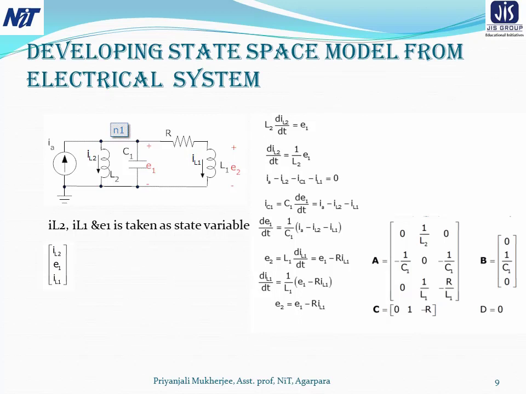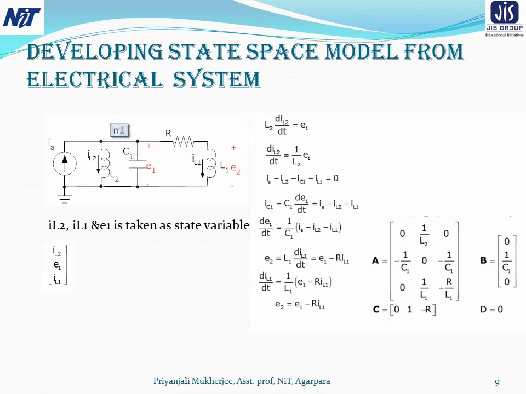So the system matrix can be written in this form, and in the same manner we can find the matrix B, also known as the input coupling matrix, which is of order n cross 1. Here n is 3 because there are two inductors and one capacitor, so there are 3 state variables, and the system matrix is n cross n, that is a 3 by 3 matrix.